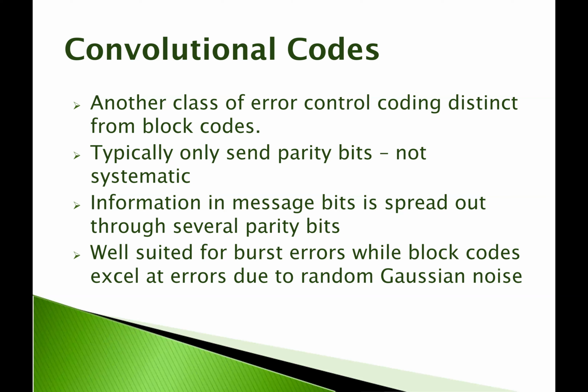In block codes, we are often using systematic codes, so we're sending the original message bits along with the parity check bits. In this case, we typically only send the parity bits. The information in the message bits is spread out through several parity bits through this convolutional process. It's very well suited for burst errors, while block codes really excel at errors due to random noise.